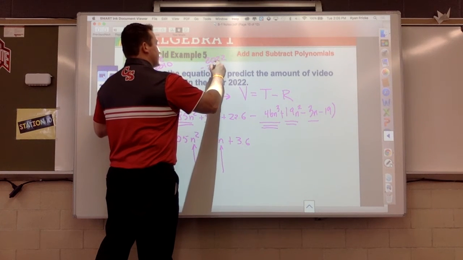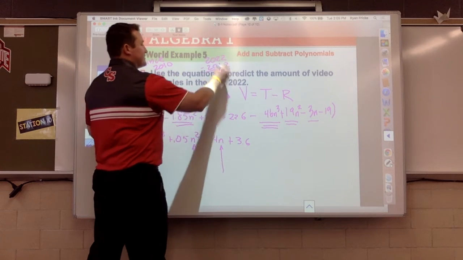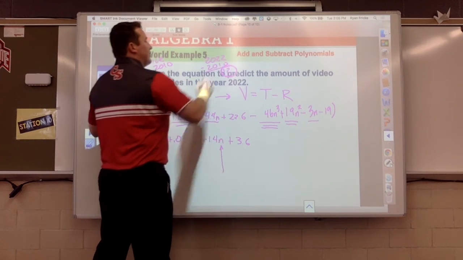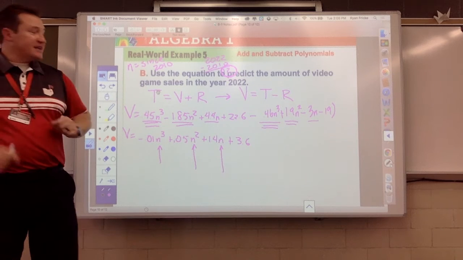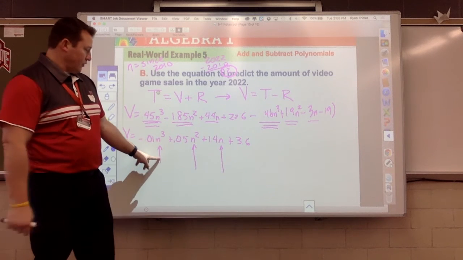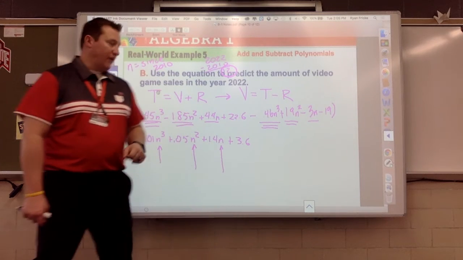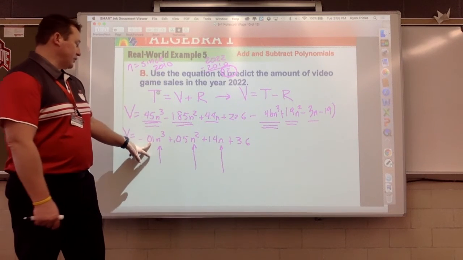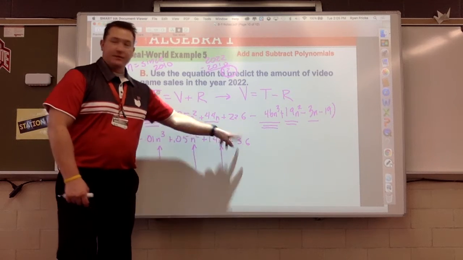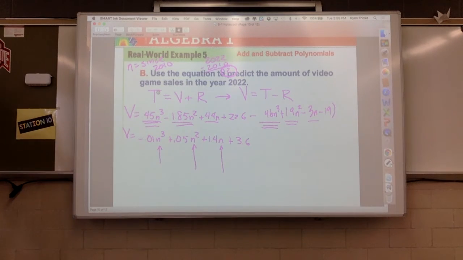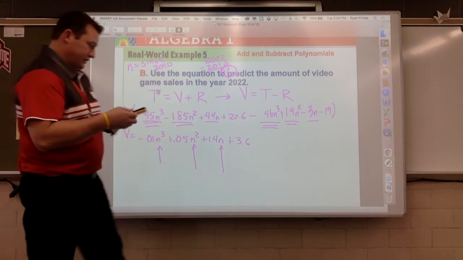If you're not sure how many years since 2010 that is, subtract to come up with the number 12. Due to time constraints, we are going to just substitute 12 into all that. So you're going to take 12 cubed, multiply it by that. Same thing here, same thing here. I'll do that really quickly, just because you guys are the best.